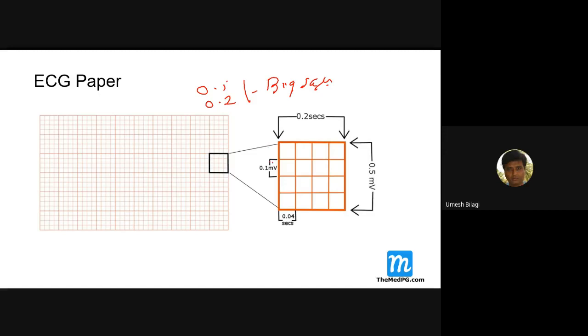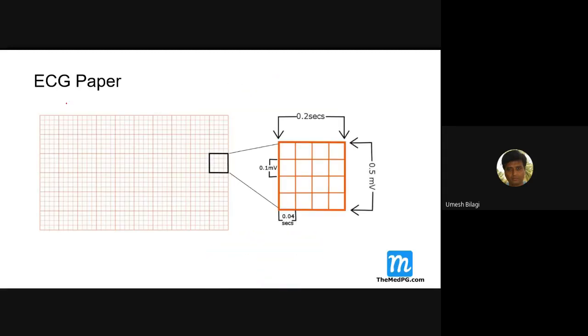Similarly, for a small square, it is 0.04 seconds and 0.1 millivolt. This is the normal setting of the ECG machine for this standard paper. We can ask questions here. You should know this. These things they can ask.